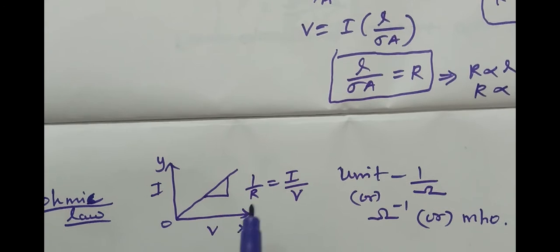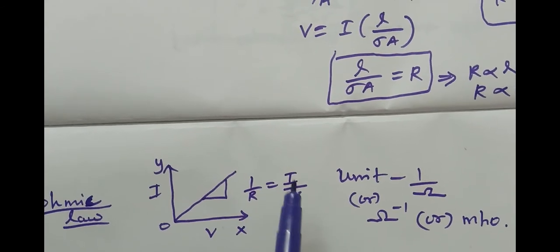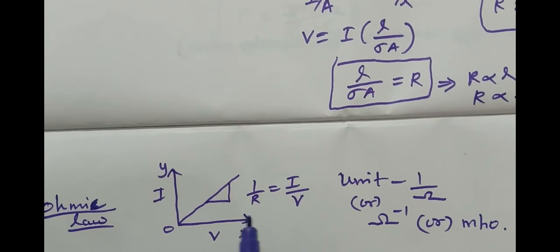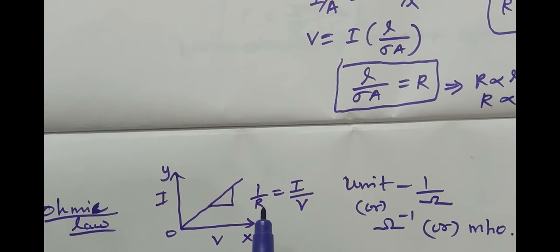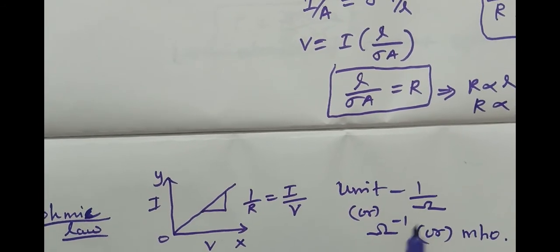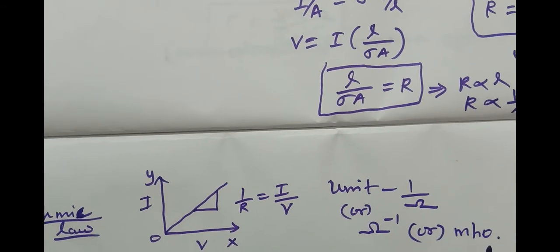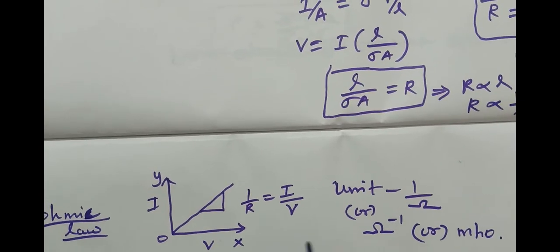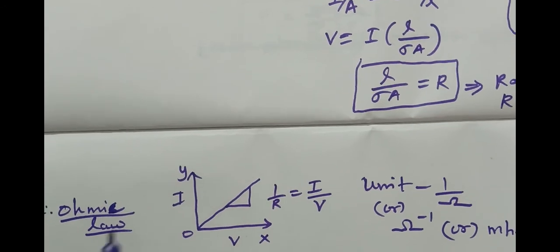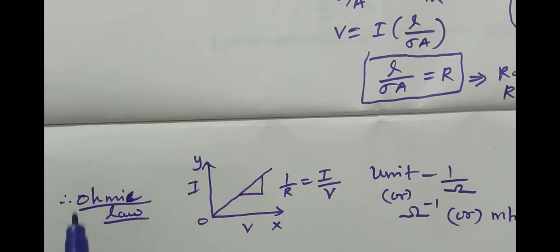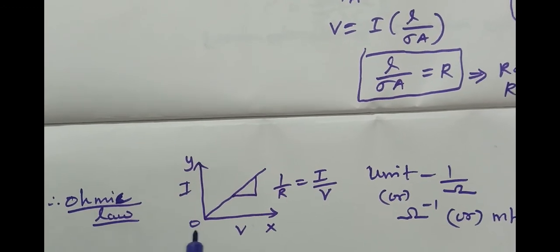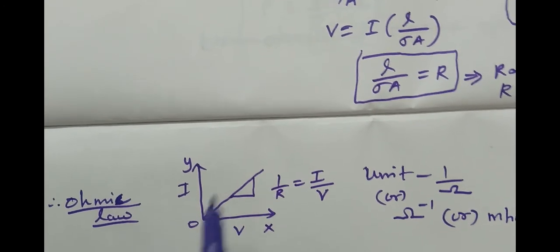This is nothing but 1/R, and 1/R = I/V. This is the reciprocal of the resistance of the conductor, and its unit is 1/ohm or mho. Are you clear, children? This is called ohmic resistance, sometimes asked as ohmic law. This is the graph of current against voltage for a conductor which obeys Ohm's law.